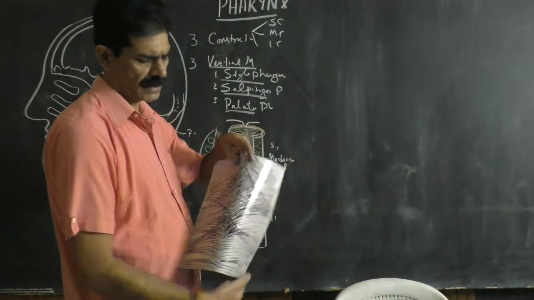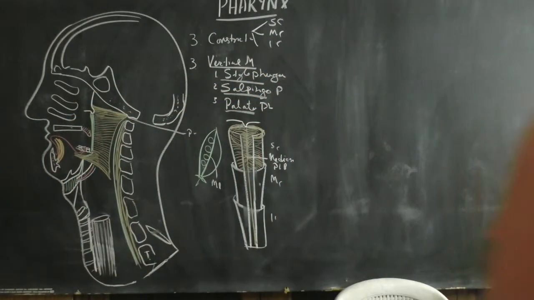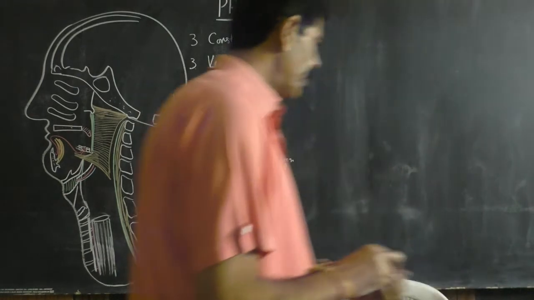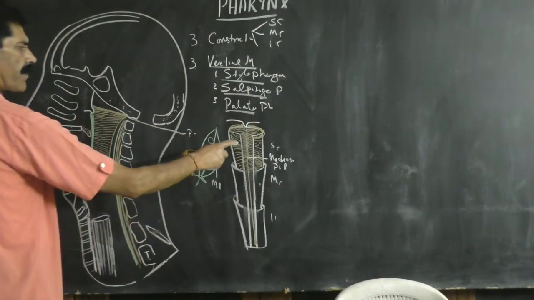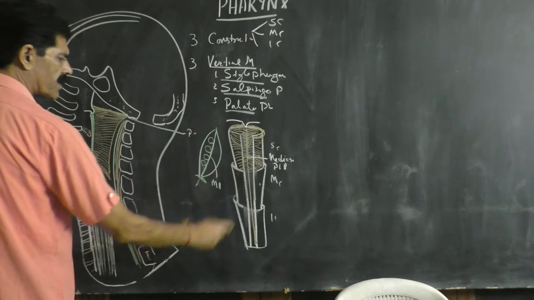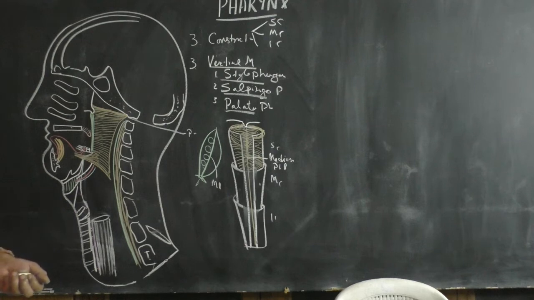All the three muscles are there. And also there is a gap between all the three flower pots. Similarly, there is also a gap between the superior, middle, and inferior constrictor muscles. So this is the superior constrictor muscle.